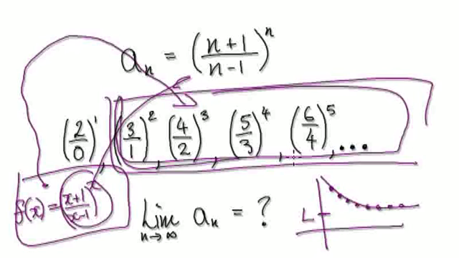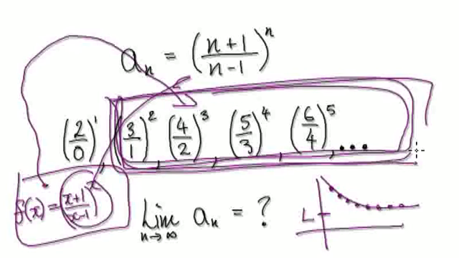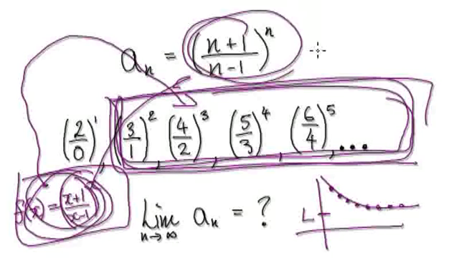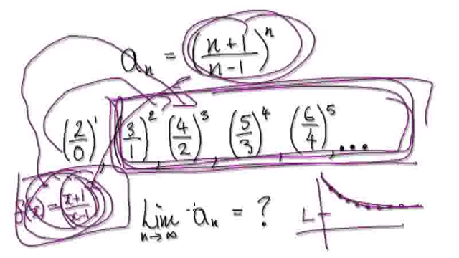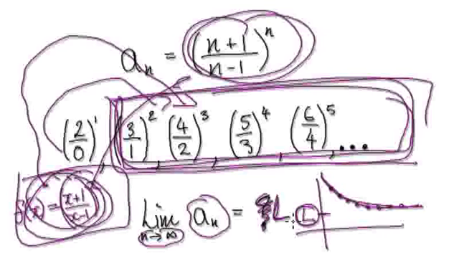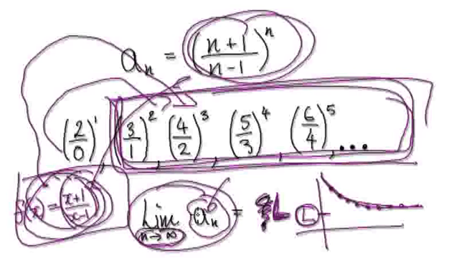As things stand, we don't really understand this sequence, but then we would map this function, which happens to be of this form here, on top of our sequence, and then use all our knowledge of functions in order to understand our sequence. Ultimately, we want to know our sequence as n heads towards infinity. So basically, we want to know this capital L, which is going to be our sequence heading towards infinity.